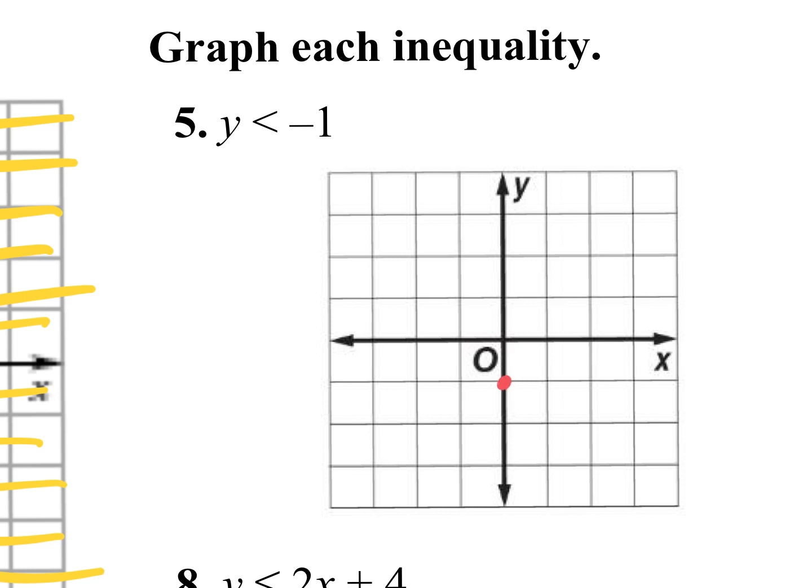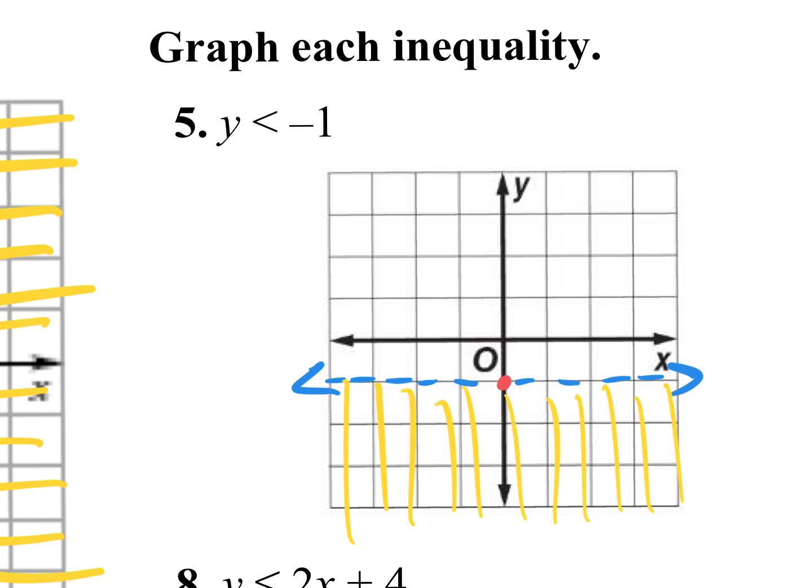You're going to draw a horizontal line right through it. But before I draw it, is that a solid line or a dotted line? Dotted. So we're going to do a dotted horizontal line going right through it. And then I need to shade. Do I shade above this blue dotted line or below this blue dotted line? Below. So you shade below. And that's the correct answer for number 5.